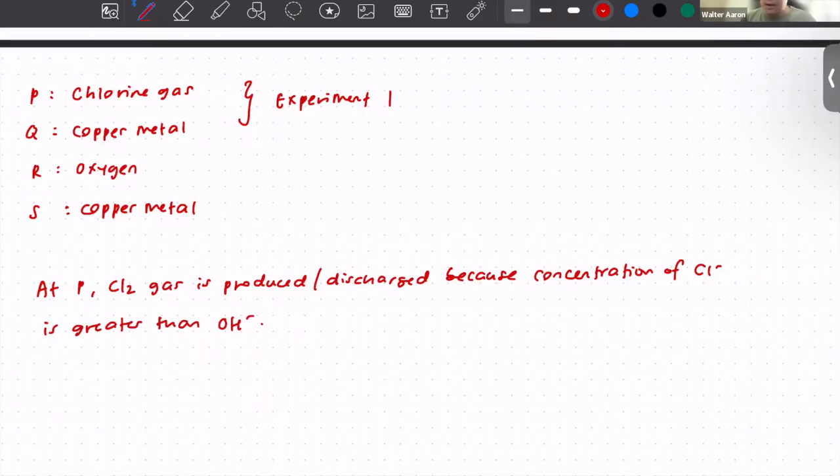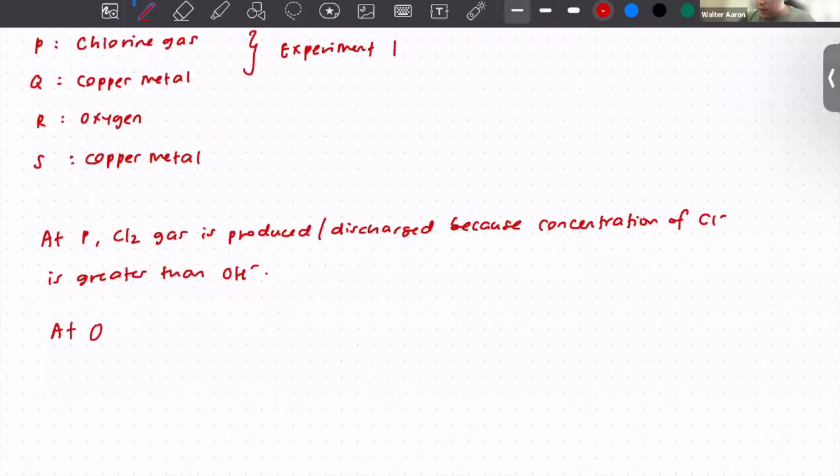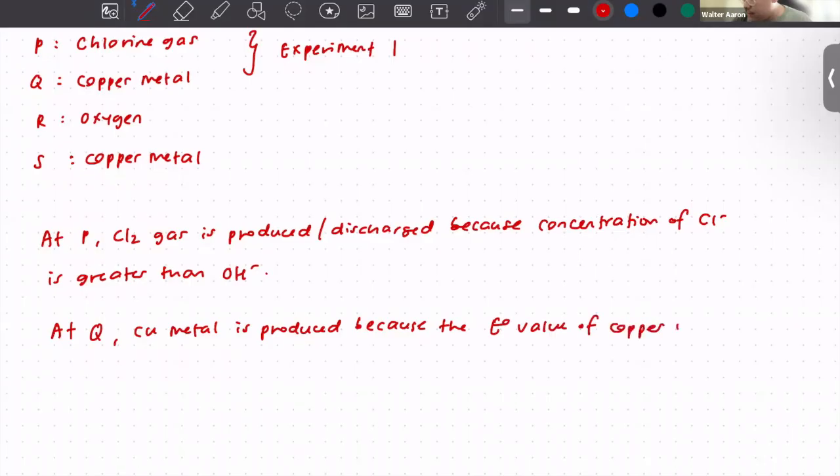All right. And after that, you can talk about the copper at Q. So at Q, Cu metal is produced because the E naught value of copper is more positive, or less negative, up to you, compared to E naught value of hydrogen.